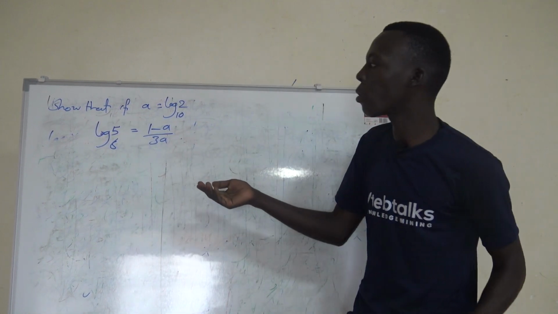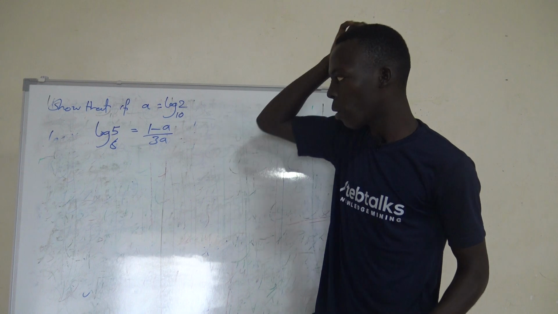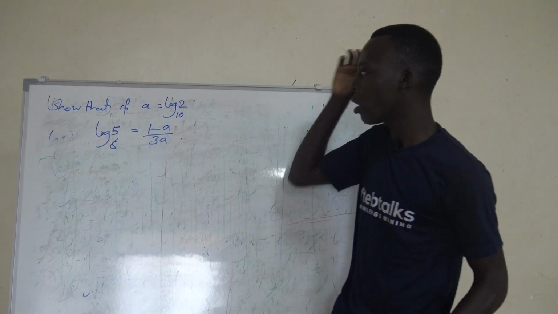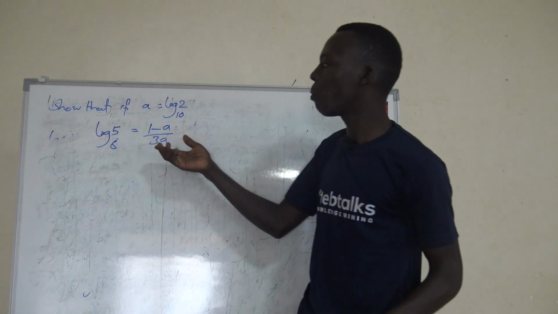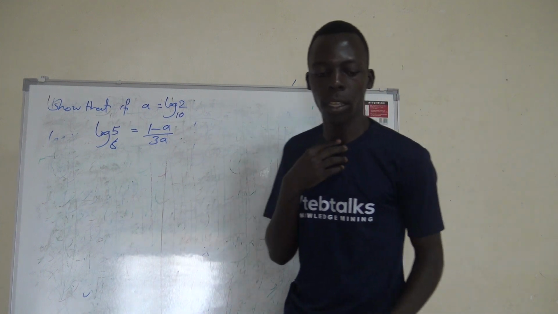Now they want you to show that log of 5 base 8 equals (1 minus a) out of 3a.